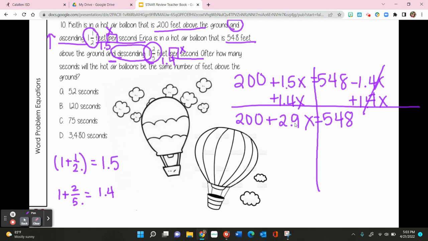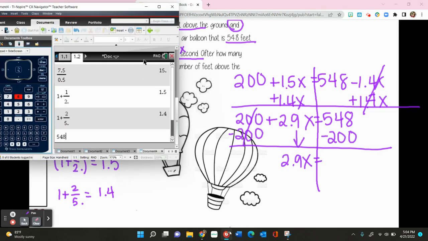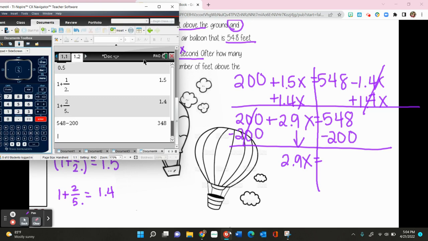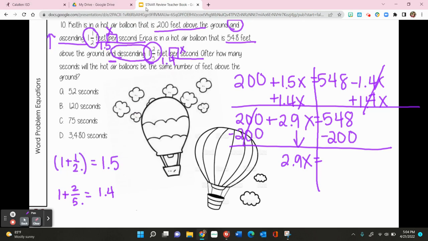Now that I have all of my x's on one side, I want to see what is being added or subtracted to that, and that number is 200. And since it's a positive 200, to move this over, I want to now subtract 200 from both sides. This is going to cancel out, and I'm left with 2.9x. Now, this equals 548 minus 200, which is going to give us 348.